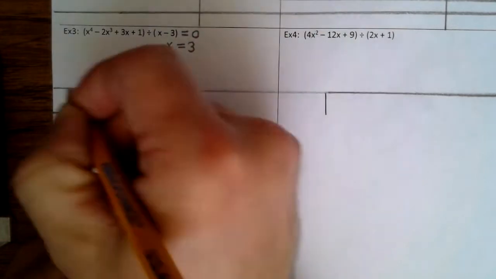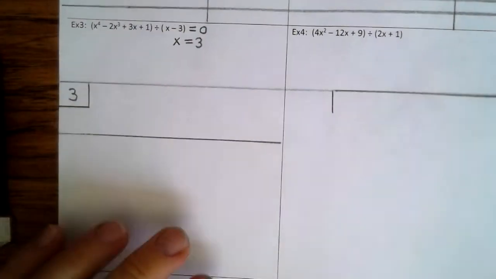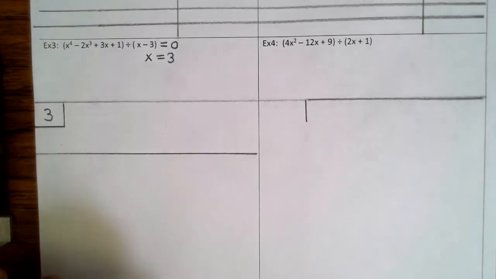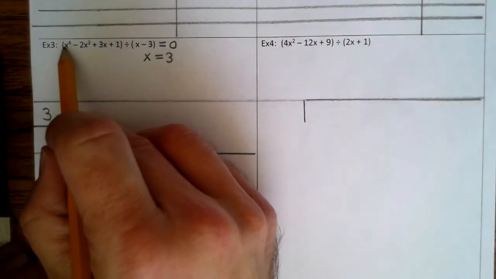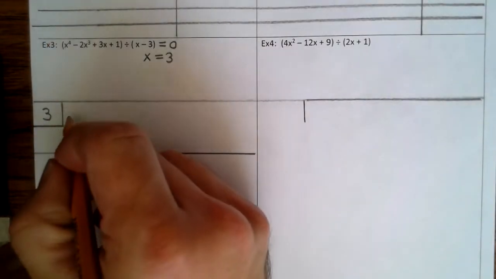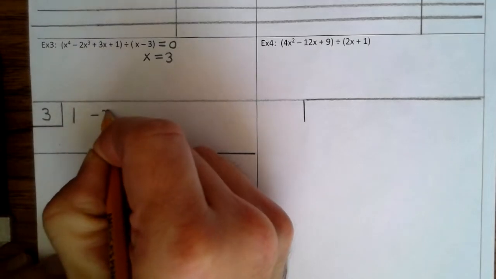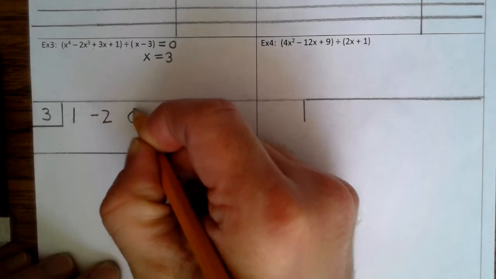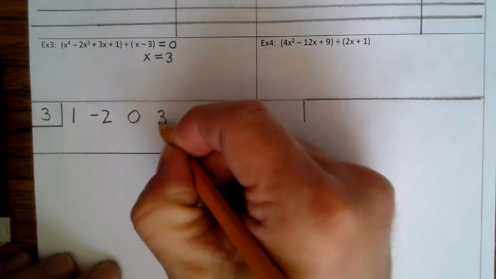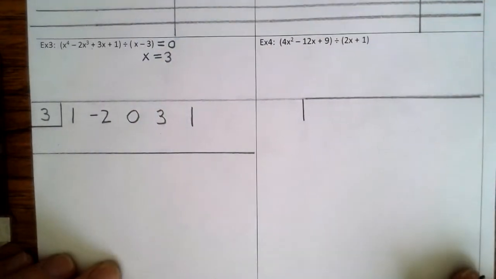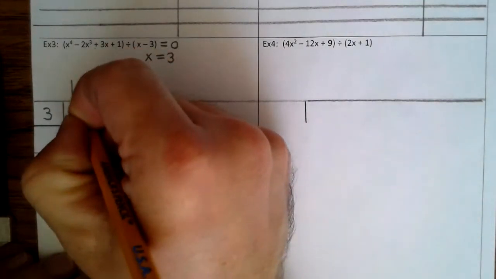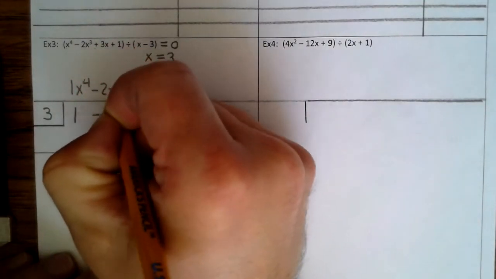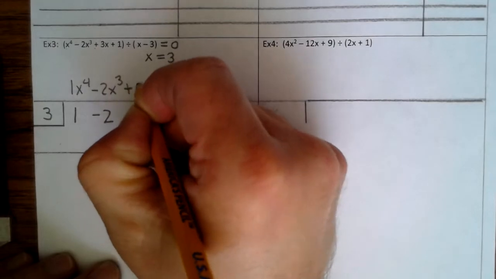Now you take the terms in front of the exponents, so the 1, the -2. You'll notice that we're missing x squared, so a 0 for x squared, a 3, and a 1. And so you understand, so that's 1x to the 4th minus 2x cubed plus 0x squared plus 3x plus 1.